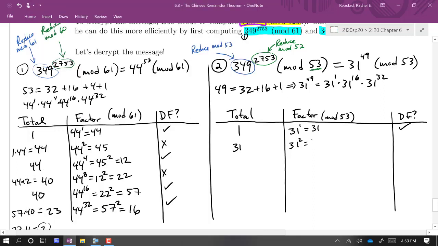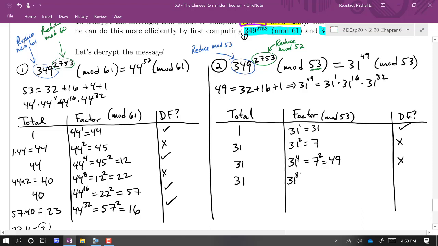That's 7. Not a desired factor. We're not going to have another desired factor until we get to 31 to the 16th power, so our total holds here at 31. 31 to the 4th, that's 7 squared, which is 49. Already reduced mod 53, not a desired factor, so we hold at 31.